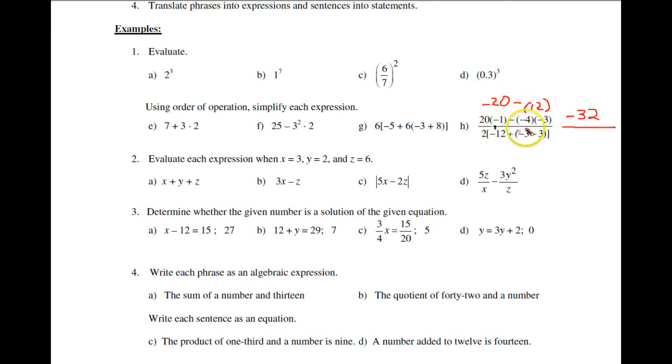Now this division bar also serves as a grouping symbol. Now, what do we do below here? Well, in this parenthesis here, this is going to become a negative 6.